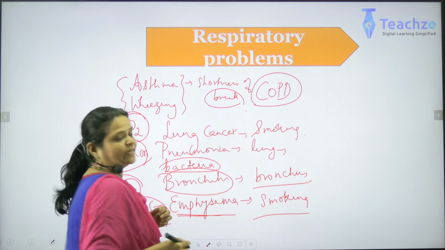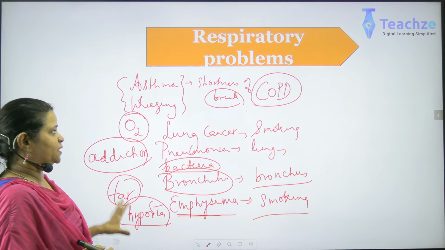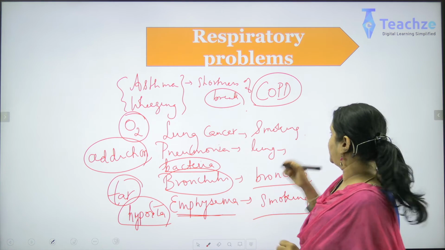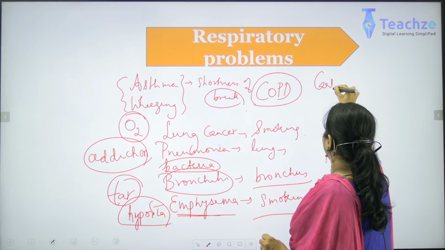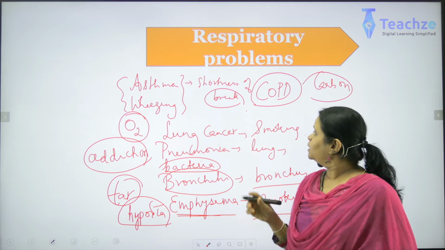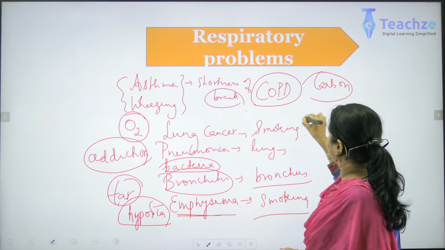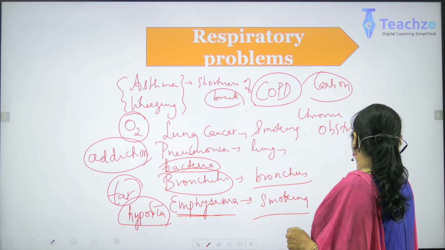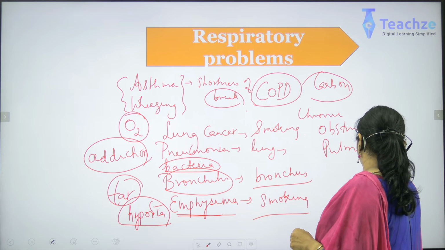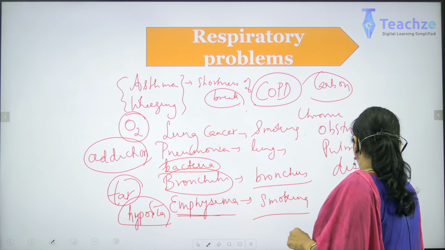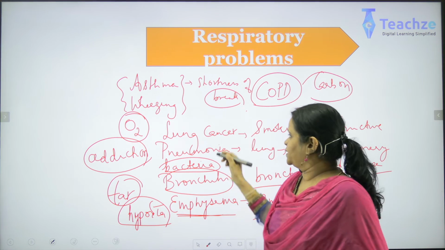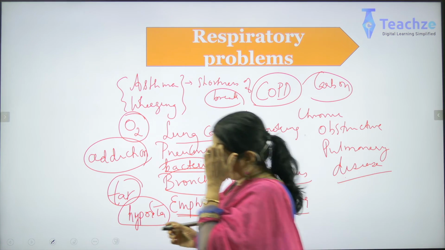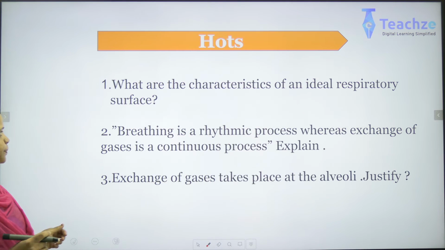This is also a disease caused by smoking, where the lungs are blocked by tar material from the smoke, because you all know cigarettes contain a lot of carbon and end up forming carcinogens. This disease, called chronic obstructive pulmonary disease, will finally lead to lung cancer because the lungs are completely damaged. So say no to tobacco. That's the best thing you can do to avoid respiratory problems.